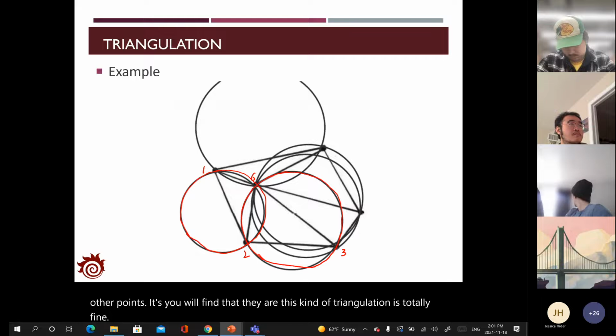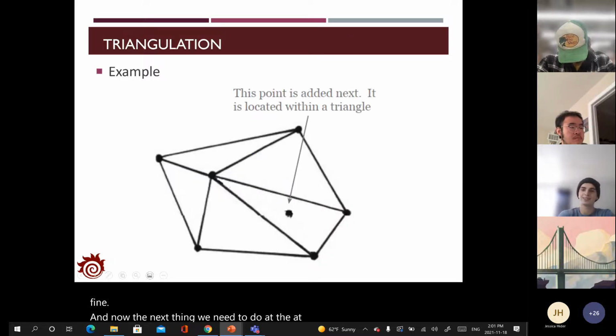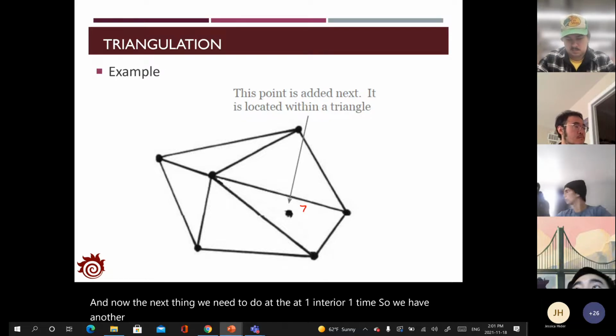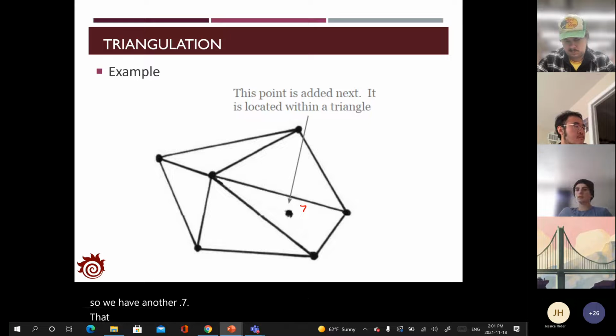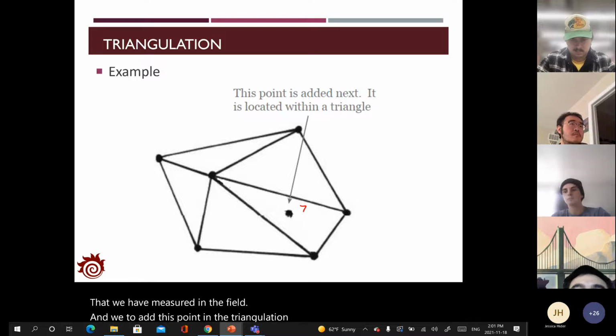And now the next thing we need to do is add one interior point at a time. So we have another point 7 that we have measured in the field, and to add this point in the triangulation, we first need to check the parameters.